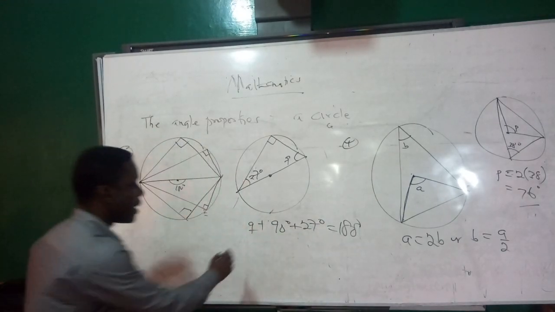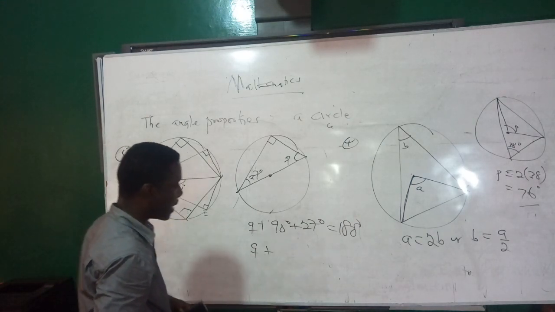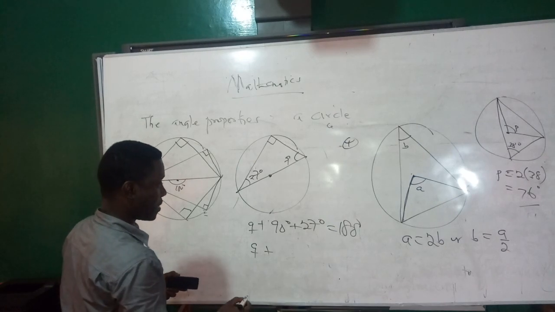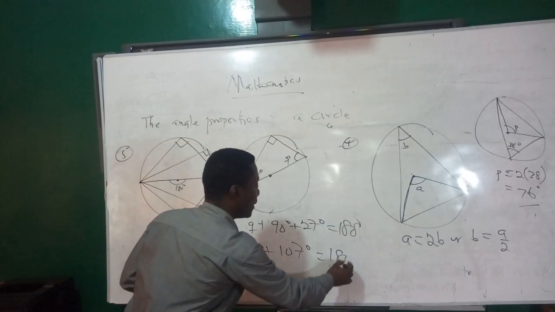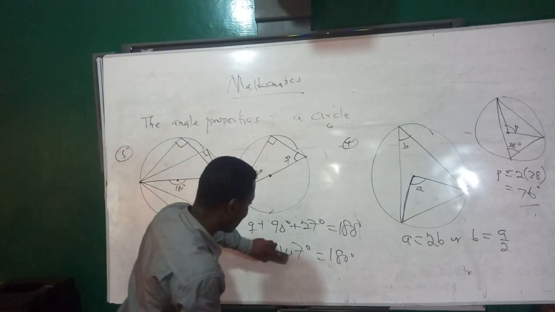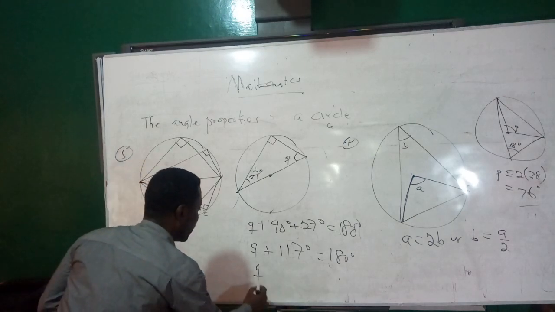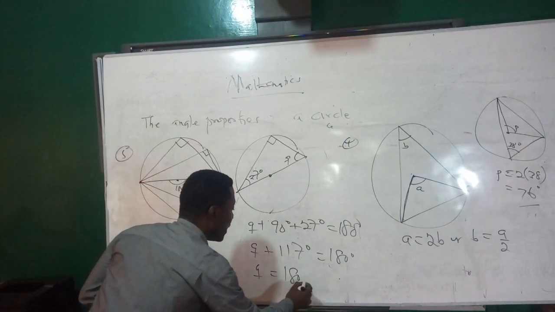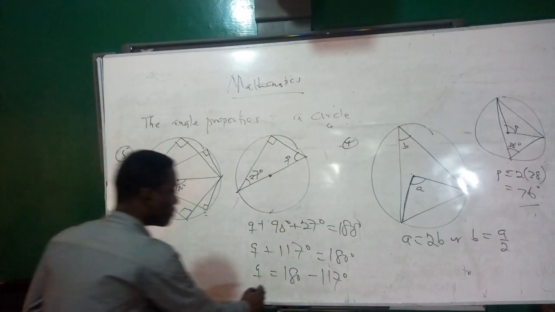180. So from that simple equation you have 90 plus 27, that is 117 degrees, is equal to 180. So that our Q is equal to 180 minus 117.